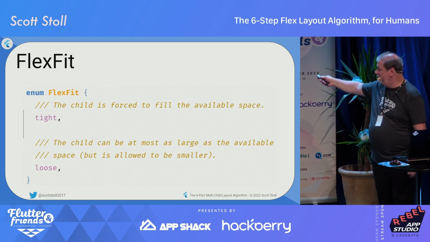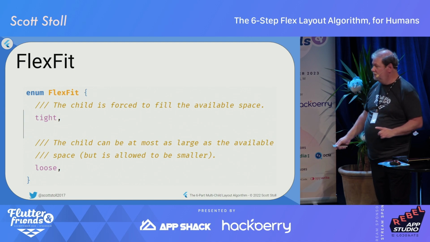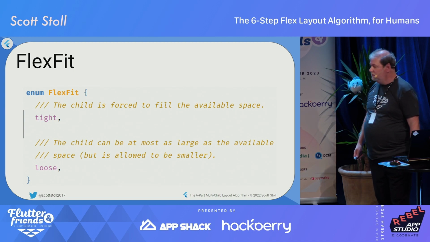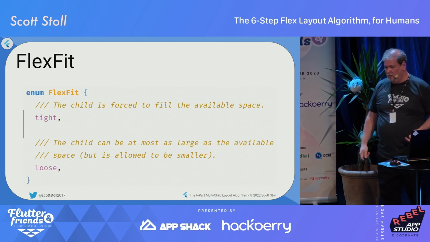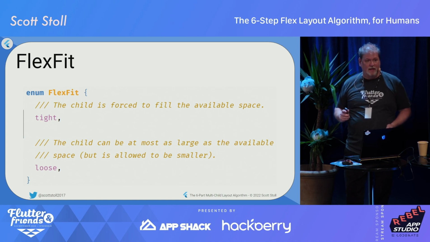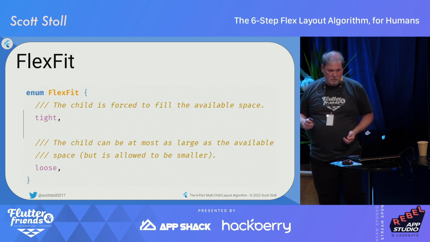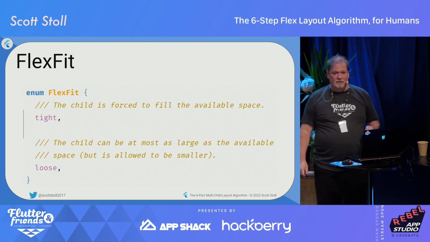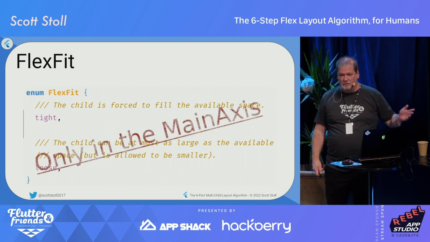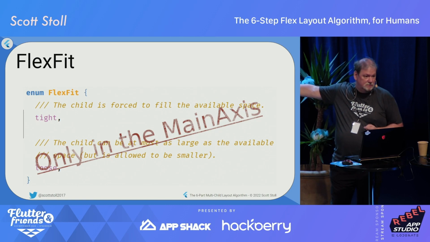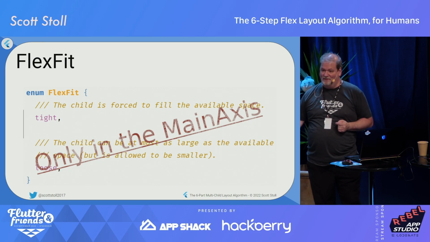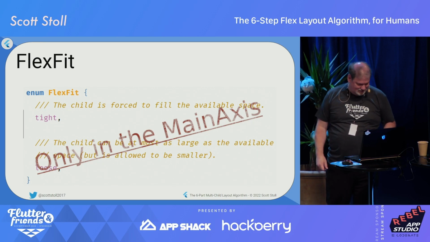The child can be at most that maximum that we set based on what was reserved for it. But it does not have to be. It can be smaller. Now, again, for more beginners, you have to say this, but it's only in the main axis. This has nothing at all to do with the cross-axis. We haven't even started with that yet.